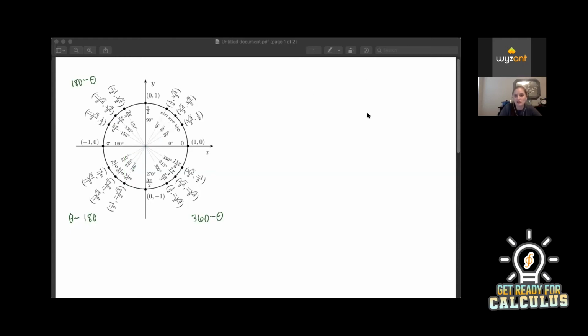If you want to translate it to radians, it's going to be pi minus theta, theta minus pi, and 2 pi minus theta to get your reference angle for each of the quadrants. You don't have to memorize that. All you have to do is draw it out and remember that you're trying to find this angle or this angle or this angle or this angle.